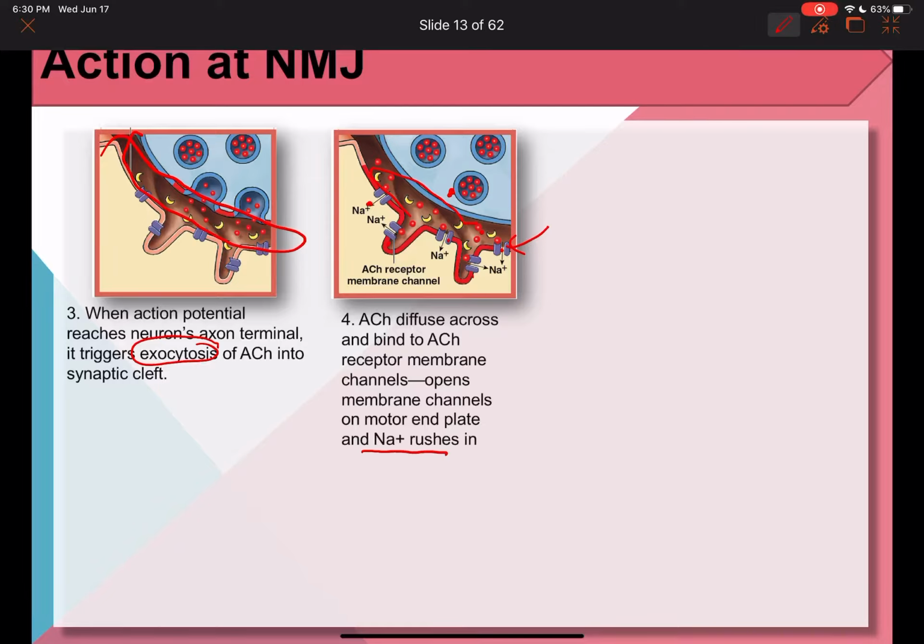Okay, so once acetylcholine travels in the synaptic cleft, it binds to a particular sodium channel, which has a little spot here for the acetylcholine to bind to, it activates and opens those sodium channels. Once sodium channels open, then sodium ions are going to rush through, okay?